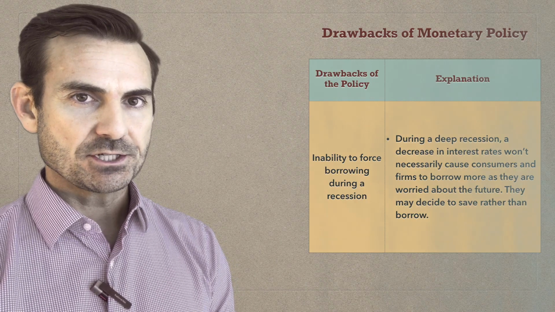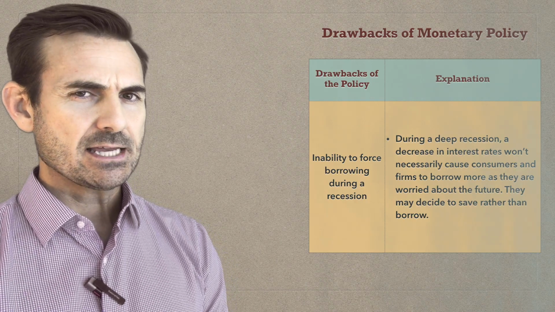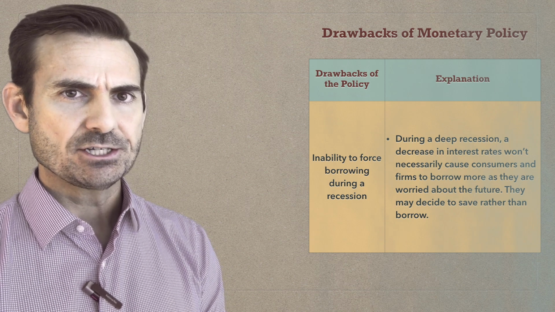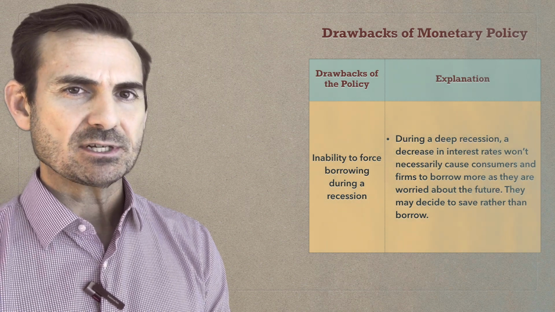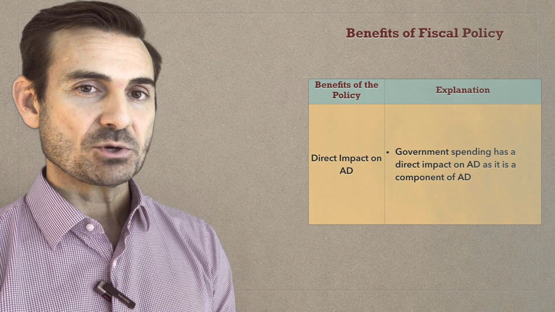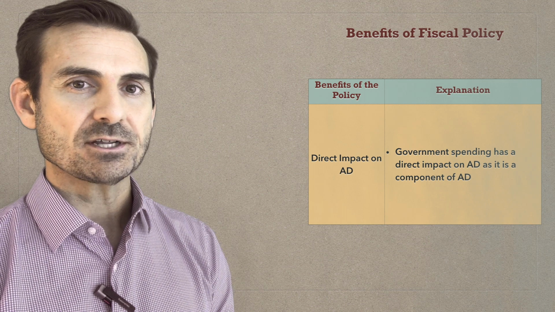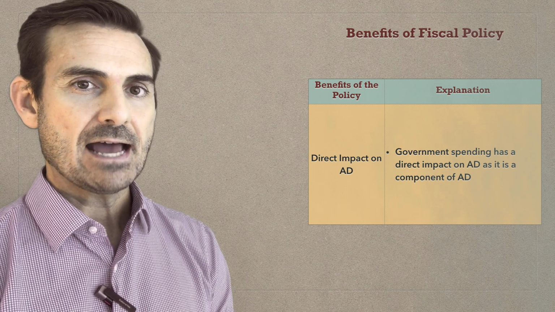One of the disadvantages of monetary policy is the inability of lower interest rates to necessarily encourage borrowing, especially during a deep recession. In a deep recession, fiscal policy, specifically government spending, is probably a more appropriate option, as it has a direct impact on aggregate demand.